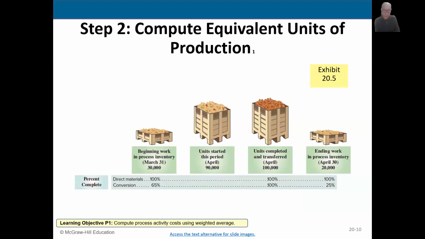I completed and transferred out 100,000 units before the end of April, which leaves me a balance of 20,000 units at the end of April. I still need to attribute cost to that 20,000 units that I didn't finish during the month of April.